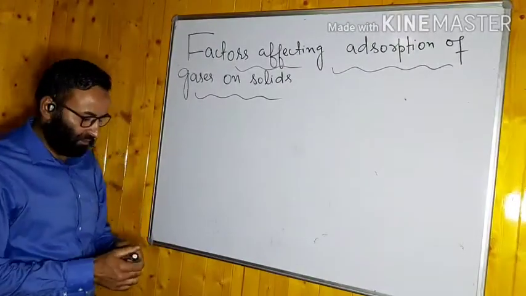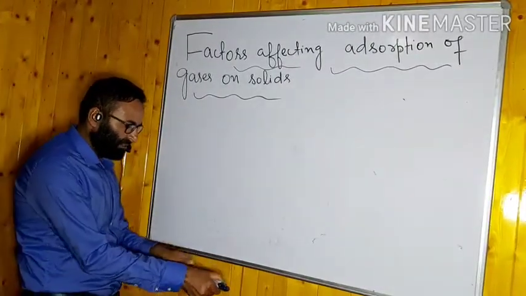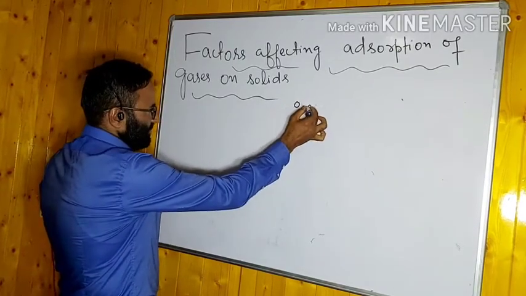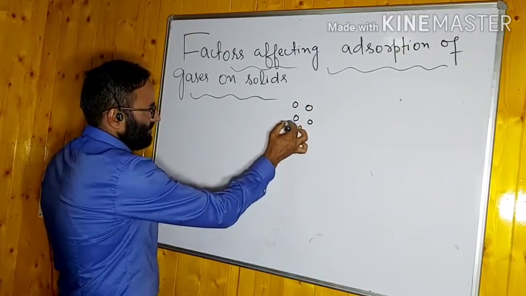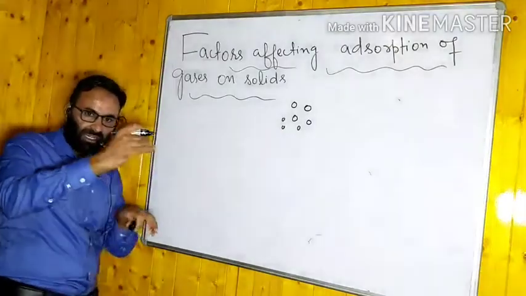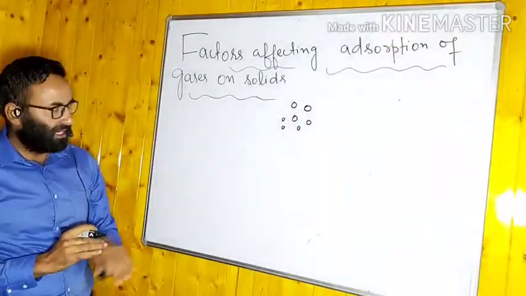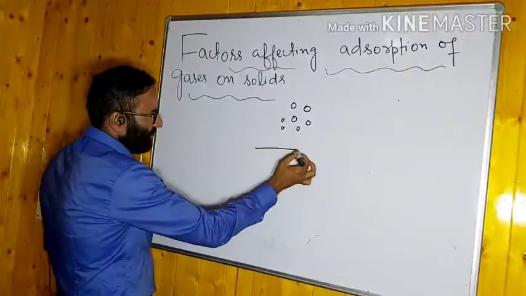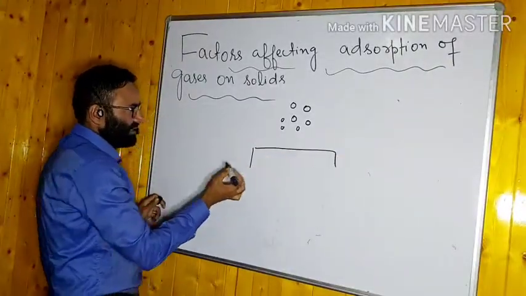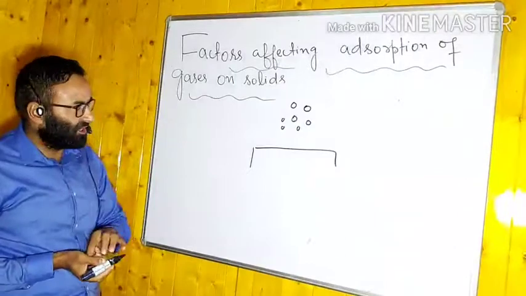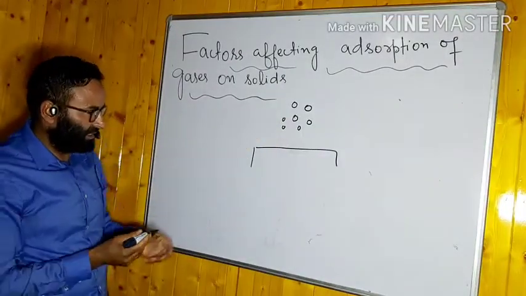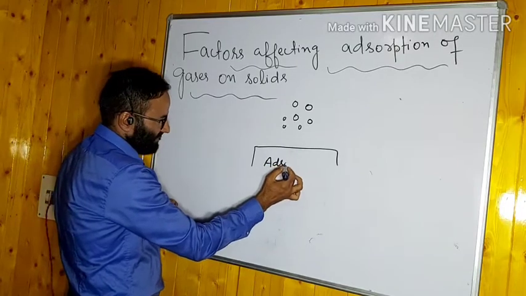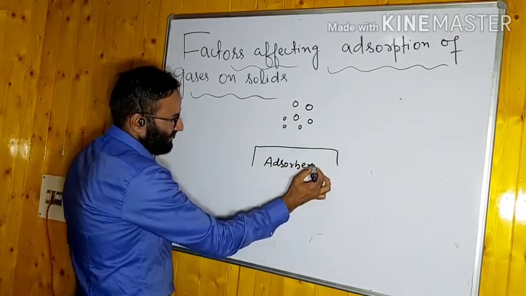Here you know, during adsorption, 2 things are involved. One is the adsorbate, the substance which gets adsorbed, and the surface on which adsorption takes place, on which accumulation takes place, that surface is known as the adsorbent.